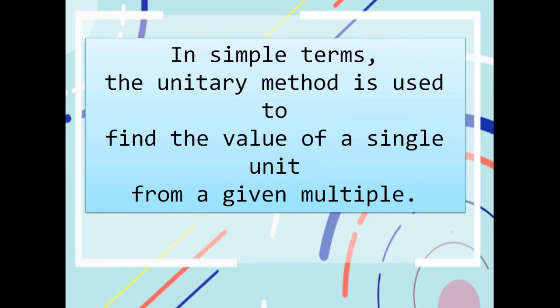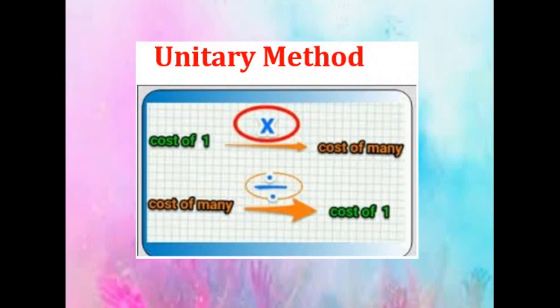So, in simple words, the unitary method is used to find the value of a single unit from a given multiple. Another way, to find the cost of many, we need to multiply, and to find the cost of one from the cost of many, we need to divide.